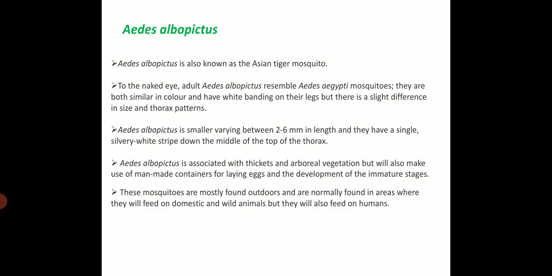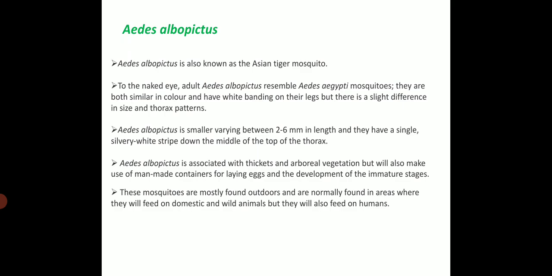Aedes albopictus is smaller, varying from 2 to 6 mm in length, and they have a single silvery white stripe down the middle of the top of the thorax.